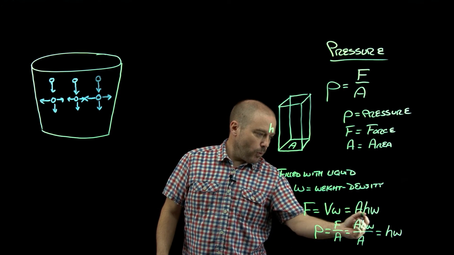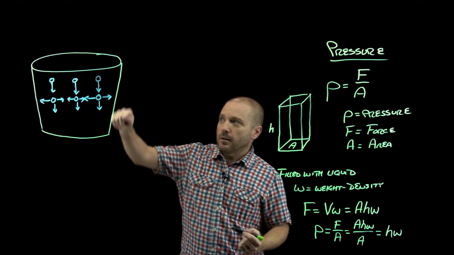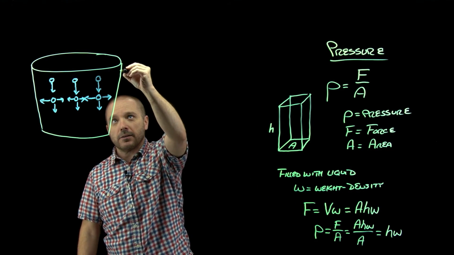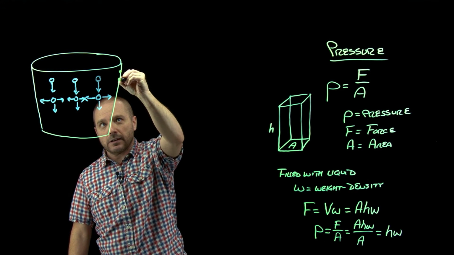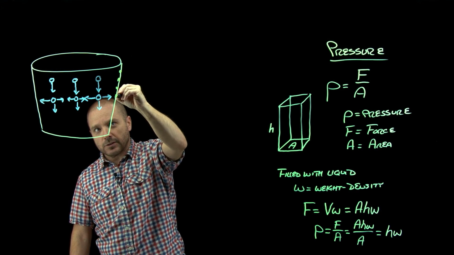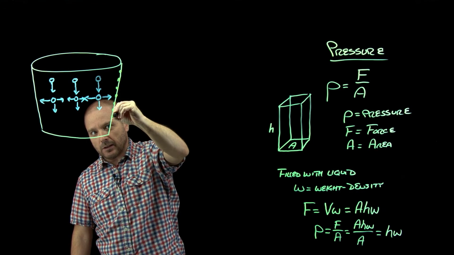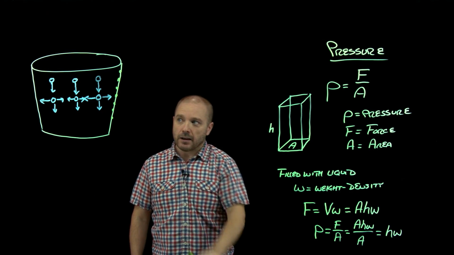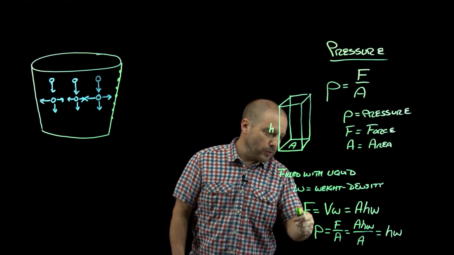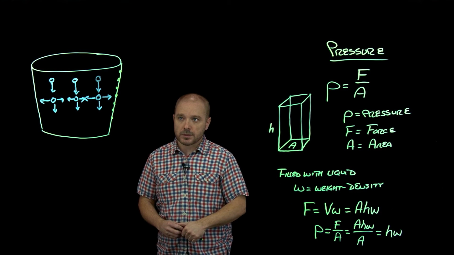we see that force is a function of depth. So if you're right here on the container versus here, versus here, versus here, every little spot along that edge as you go down and down and down, you have more and more pressure, or therefore more and more force.